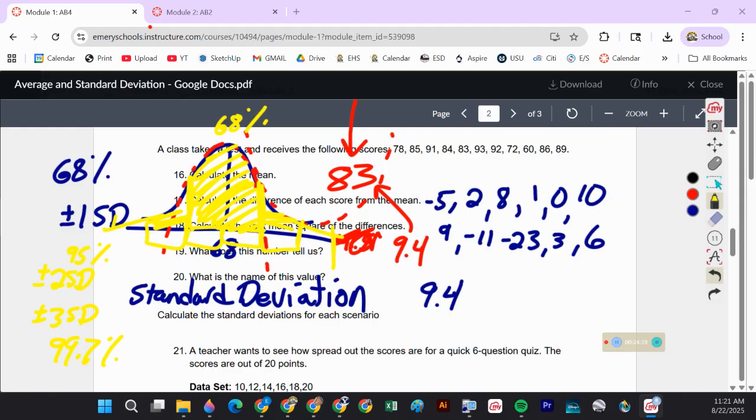So the standard deviation gives us a really good idea of the spread. And this rule that I've just written up there has a super fancy name. It's called the 68, 95, 99.7 rule. And we're going to be using this a lot. In fact, almost the entire class is going to be based off of that curve and those numbers.